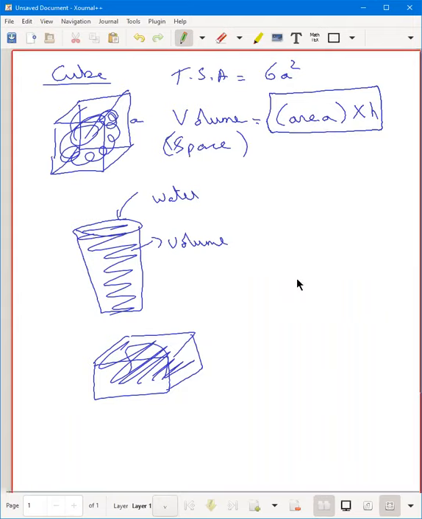So if I take a cube, what is the area of a cube? You know that a cube is derived from a square. So what is the area of a square? Side squared, or A squared in this case, because we took each side as A. And what is the height in this cube itself?